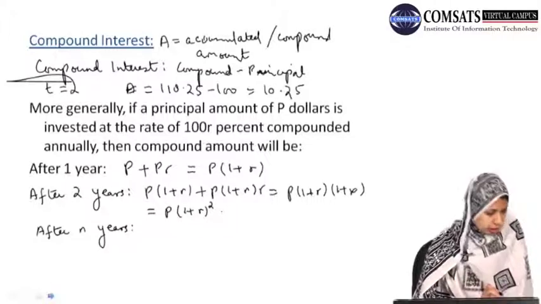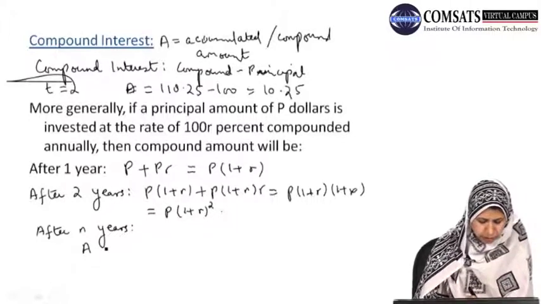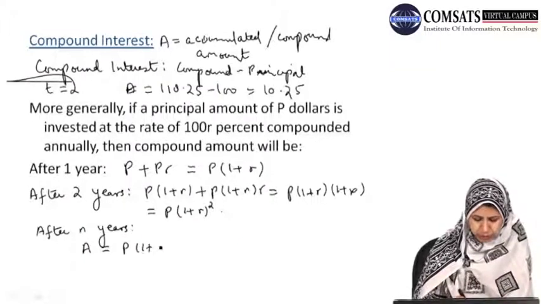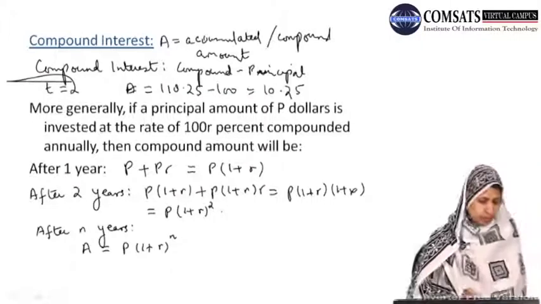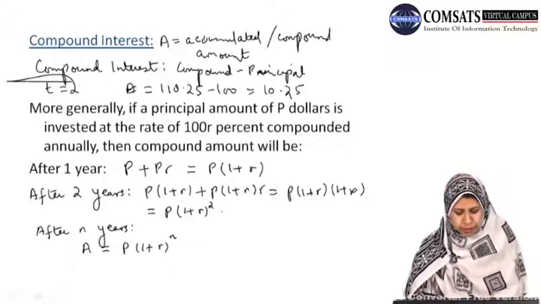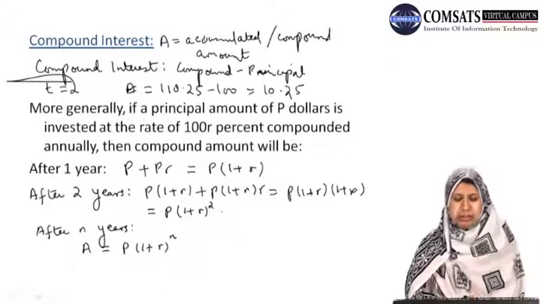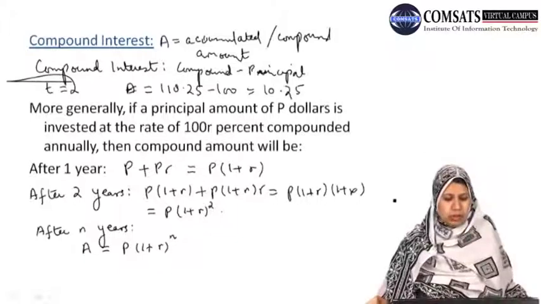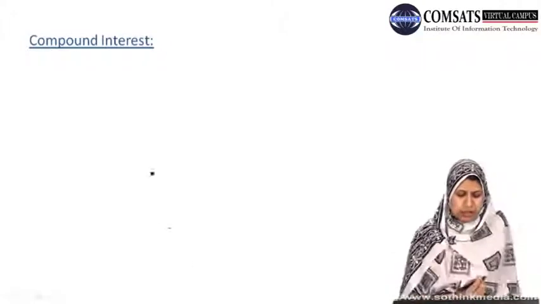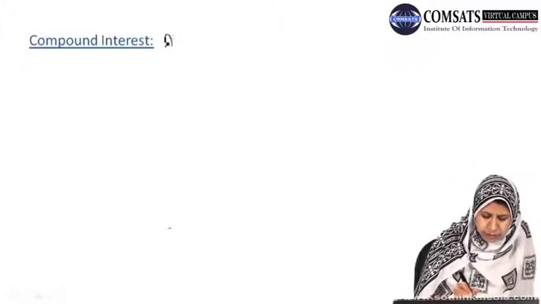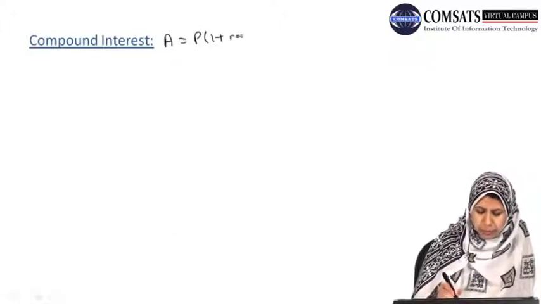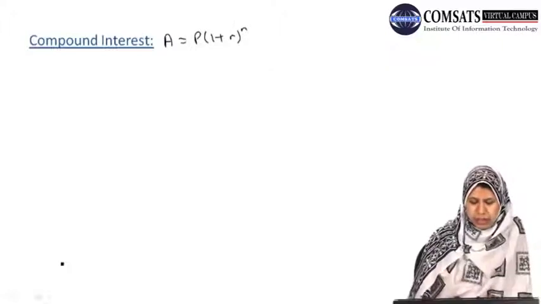That is, after n years, the amount will be P into 1 plus R whole to the power n. That is, at the end of n years, the amount will be the principal amount into 1 plus the increase rate, whole to the power n. Now, if we look carefully at our formula, we have an exponential formula, which is A equals P into 1 plus the increased rate whole to the power n.